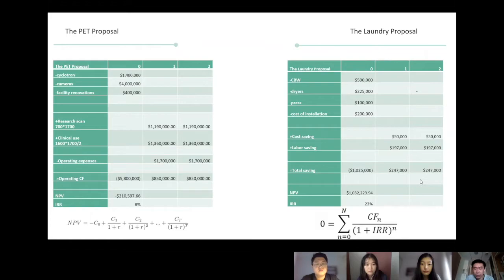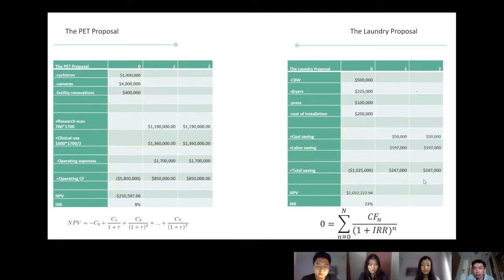This is a 10-year project. According to the formula, we use the previous WACC as the discount rate, and we discount each year's data to get the NPV. It's minus $210,597.66. The laundry proposal is different from the PT project. It replaces existing items by purchasing new items, and it has no income, so we use the cost savings to calculate the NPV.